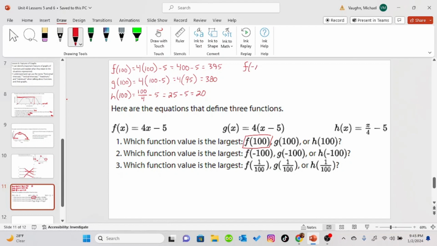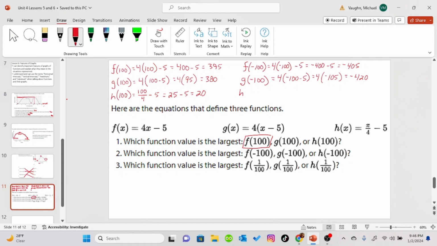So f of negative 100 equals 4 times negative 100 minus 5, which equals negative 400 minus 5, which equals negative 405. g of negative 100 equals 4 times (negative 100 minus 5), which equals 4 times negative 105, which equals negative 420.